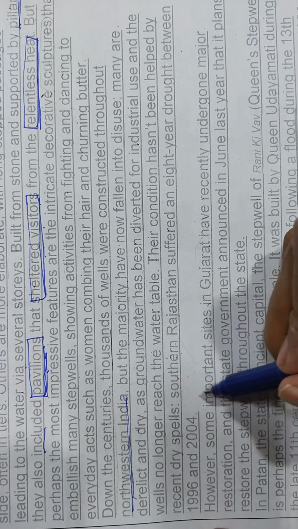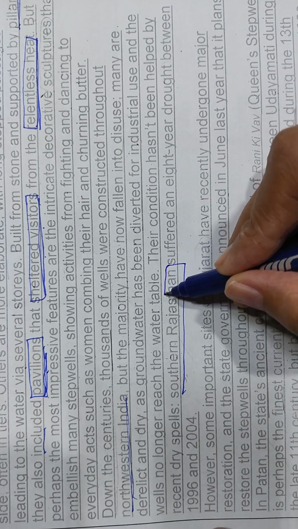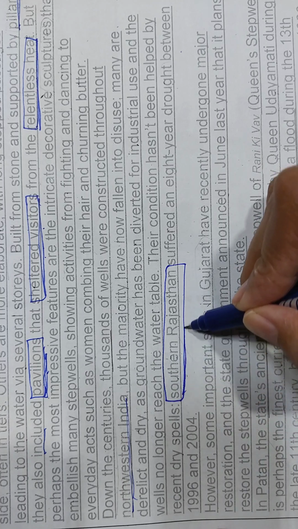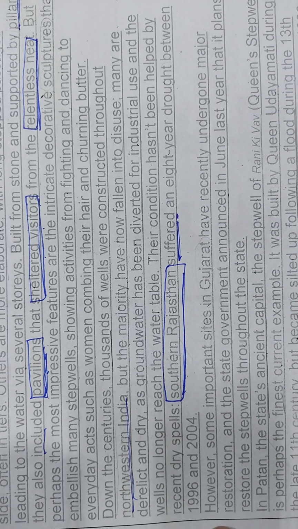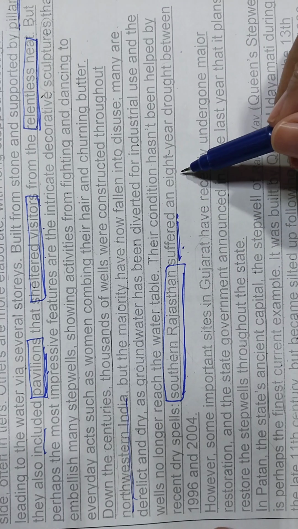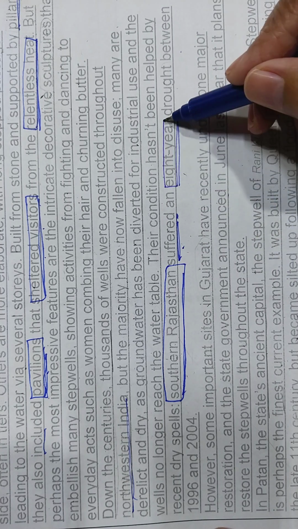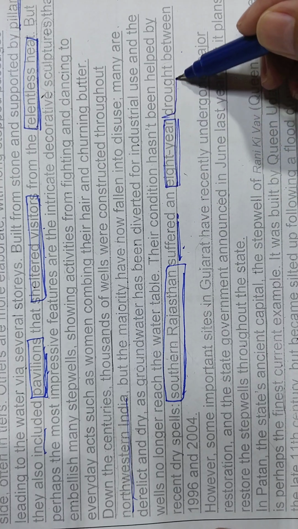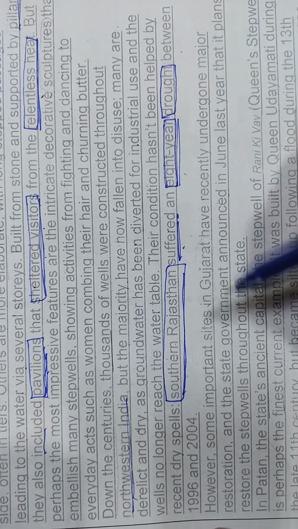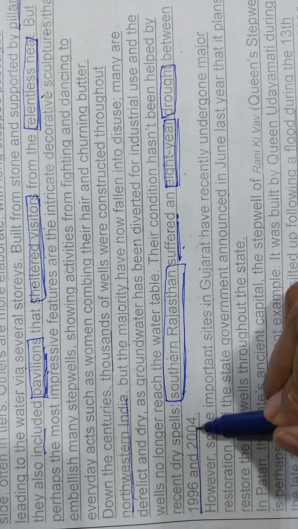So southern Rajasthan. Okay, we have our required keyword here. Southern Rajasthan suffered, giving the same meaning. It suffered an eight year drought, between 1996 and 2004.